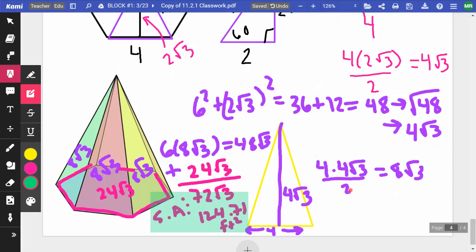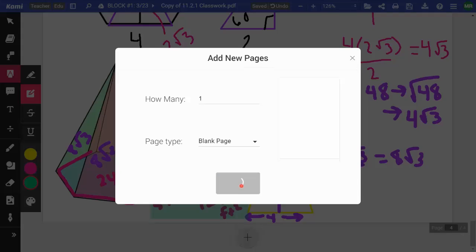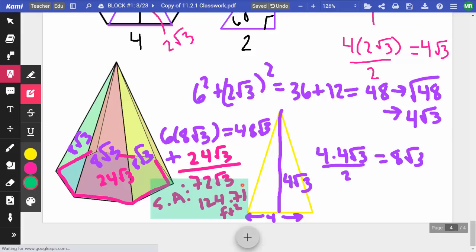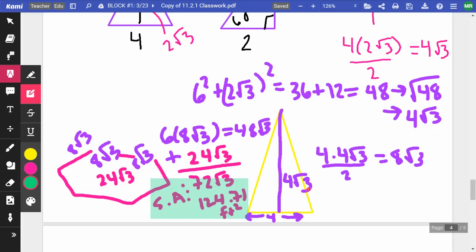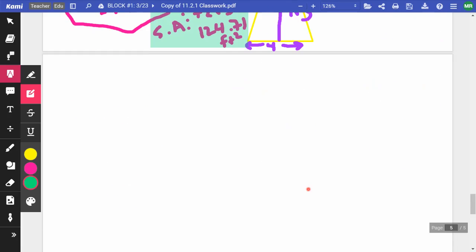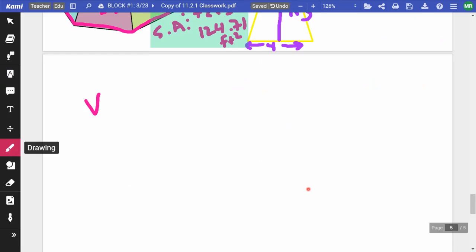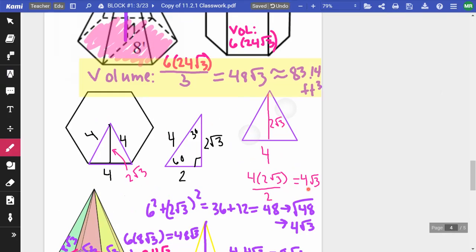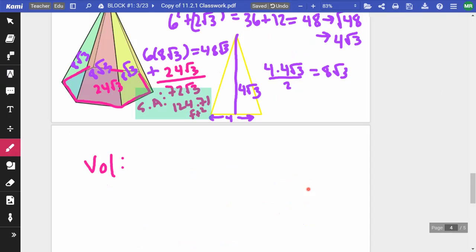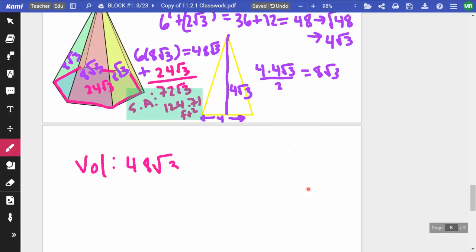I'm just going to add a page so I can write this out officially. I know that the volume of my hexagonal base pyramid was 48 root 3, which was about 83.14, and this is going to be feet cubed.